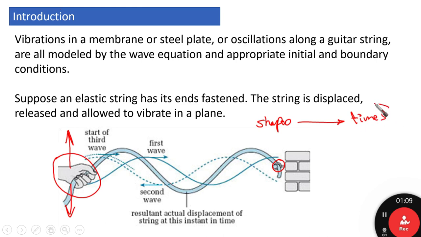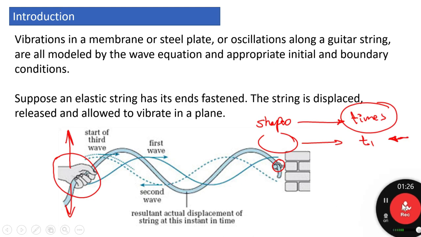That means that at every specific time, for example at T1, there is a corresponding shape for the rope. For example, in this example here, the rope is in blue.